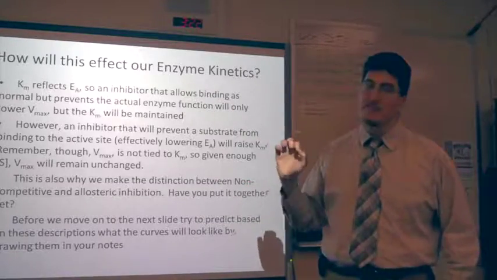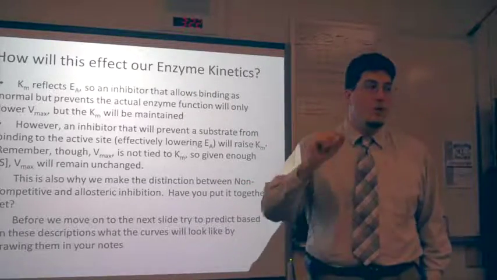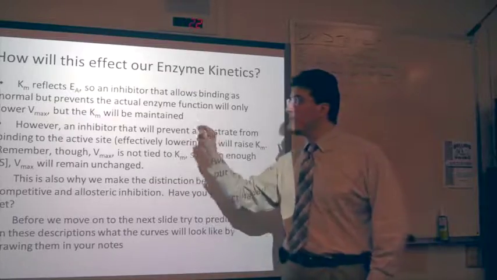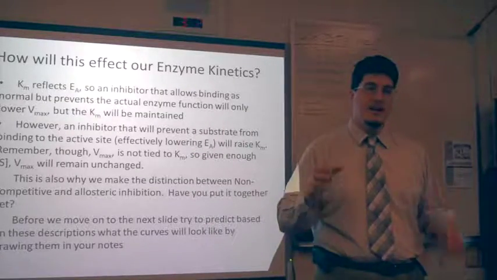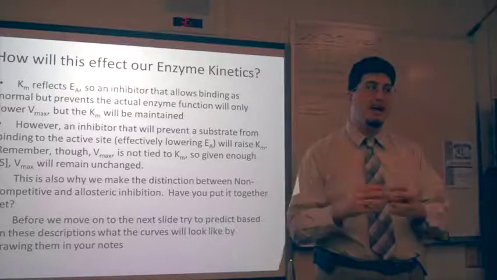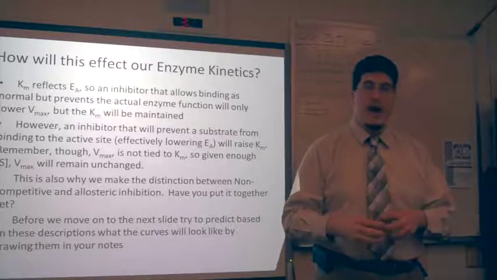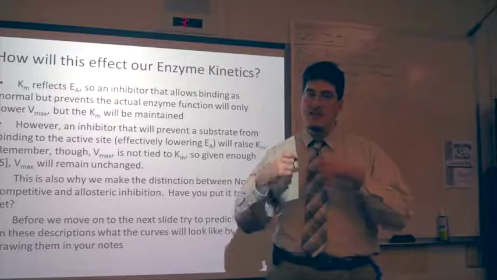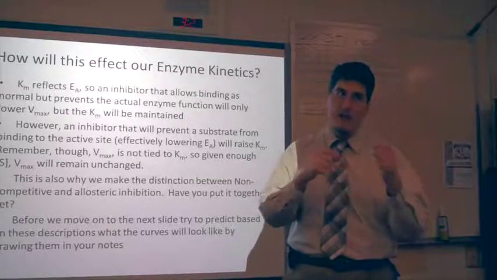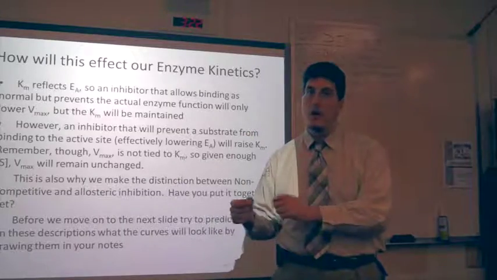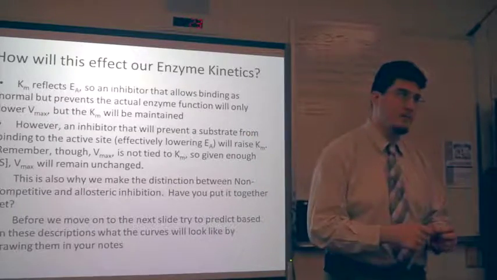But the Michaelis-Menten constant will be maintained. The enzyme affinity is unchanged. Enzyme affinity is enzyme-substrate binding readiness. An inhibitor that does not change how readily enzyme binds to substrate will not change Km.